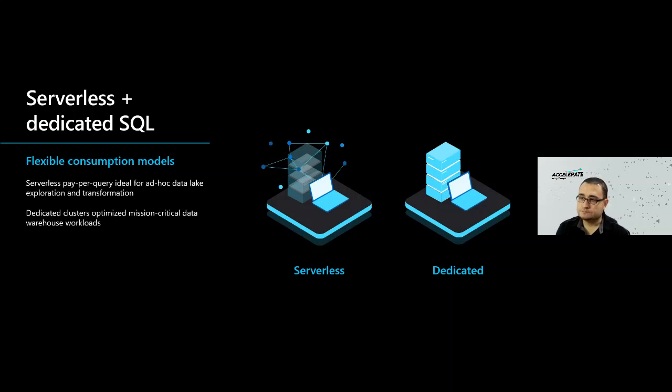Now, as we talk about the strategy, not only in budget and cost, but also in scalability, performance, and user experience, it's really nice to have a choice, right? How do you allocate and consume the resources as well? For example, in Azure Synapse, you can take advantage of two types of resource models. One of them is the serverless resource model, and the other is the dedicated resource model.